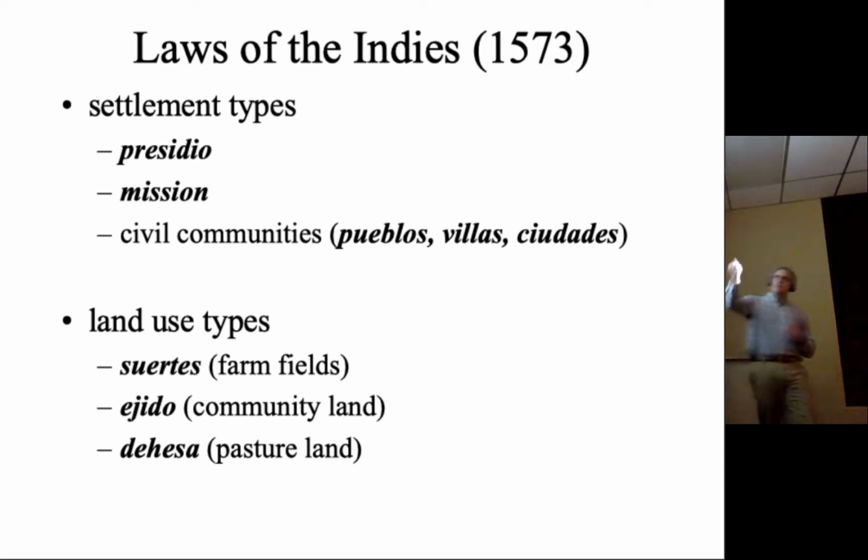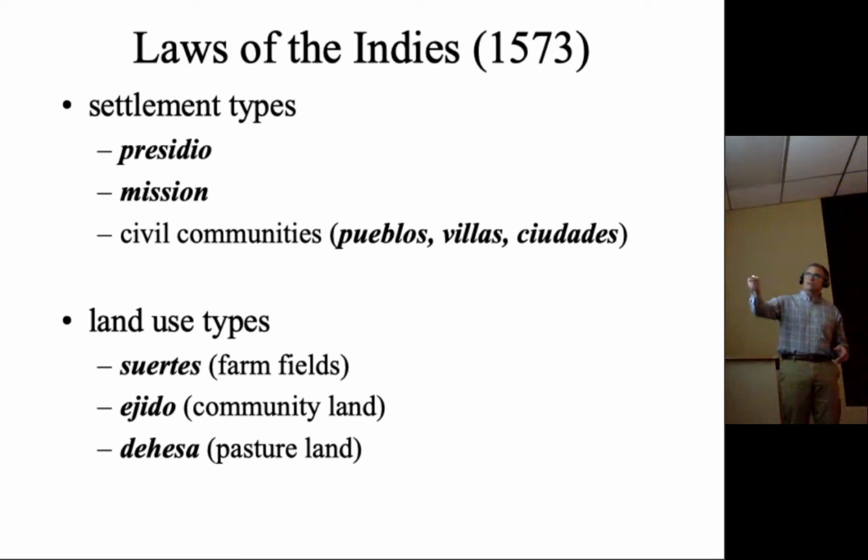So we tend to find missions established wherever there are significant pockets of native peoples, and that would be in places like California, southern Arizona, of course the Rio Grande Valley in New Mexico, and a few other places, also in places like Nacogdoches, Texas, and of course Florida.